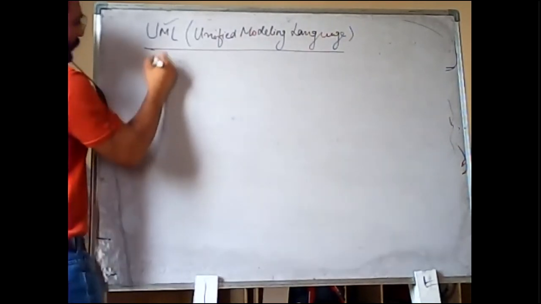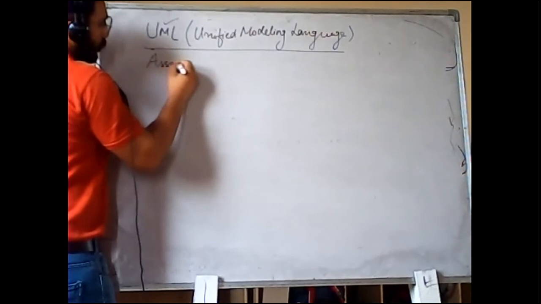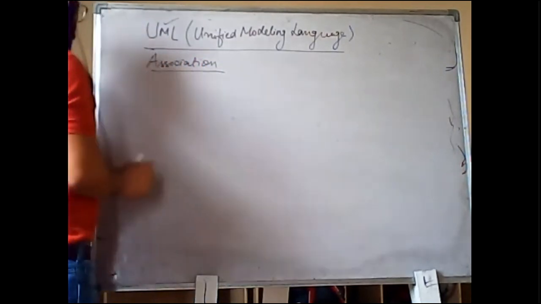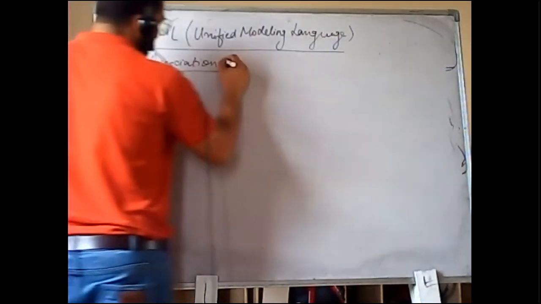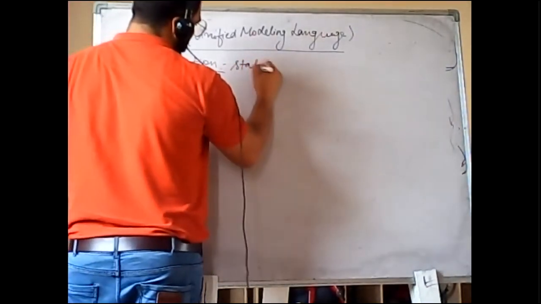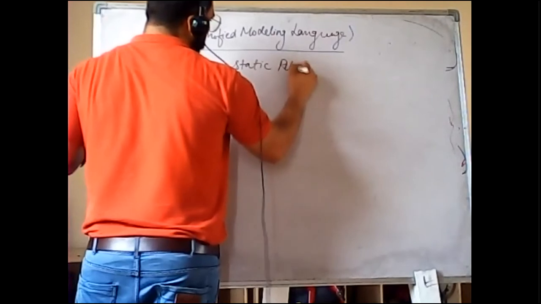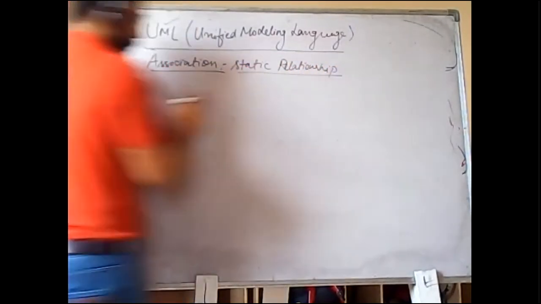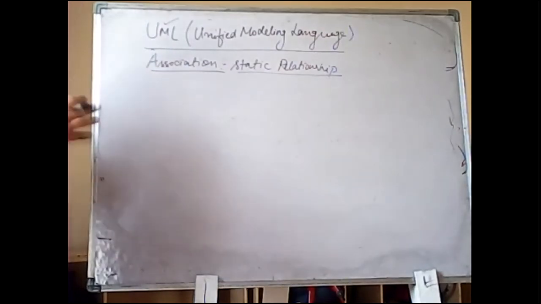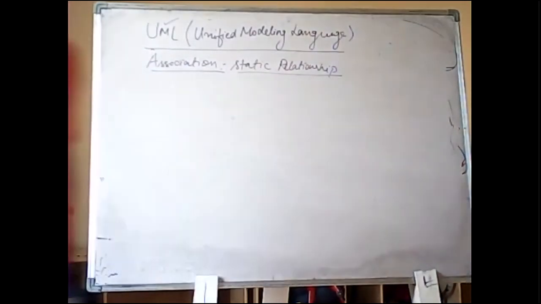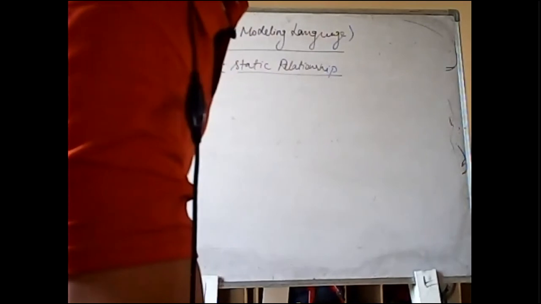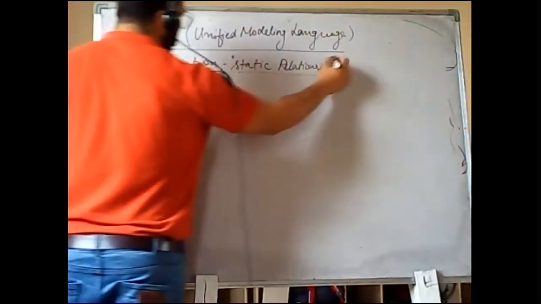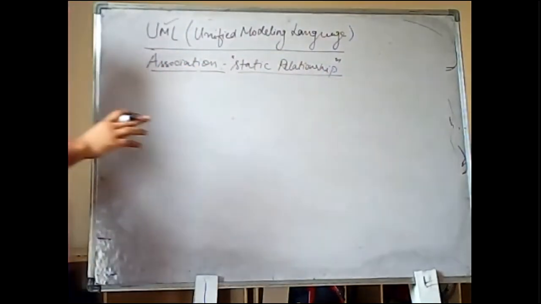Further, there is another relation, that is association. This is used for a static relationship, and your generalization and specialization are used for a dynamic relationship. Association is used for a static relationship that cannot be changed.